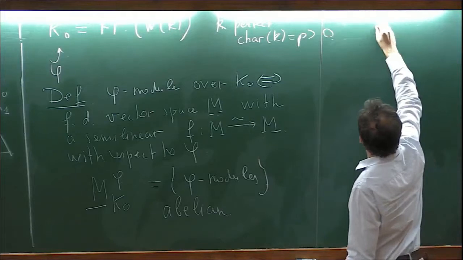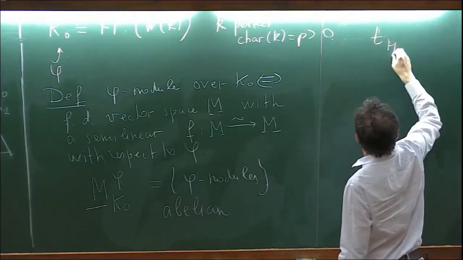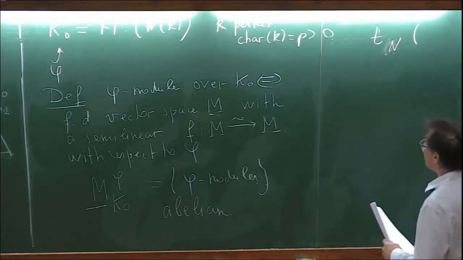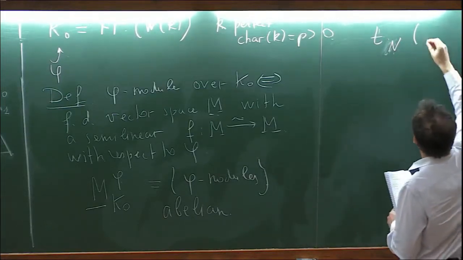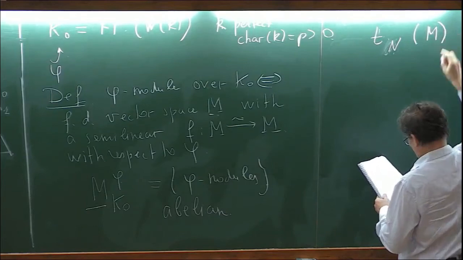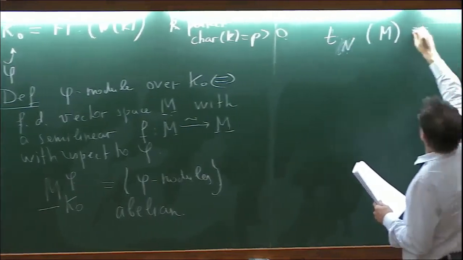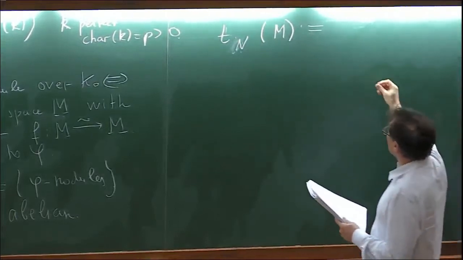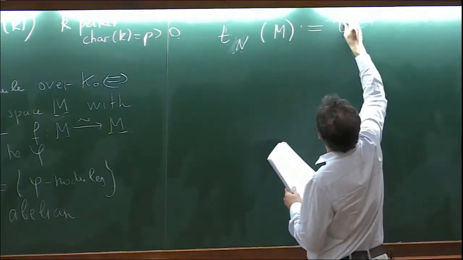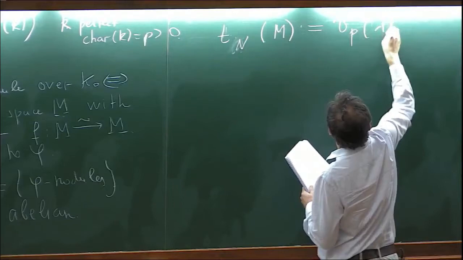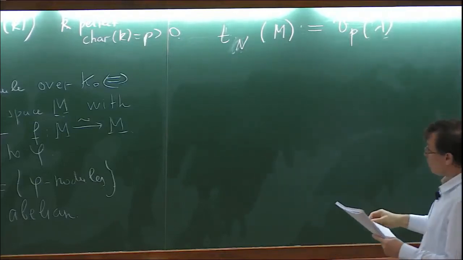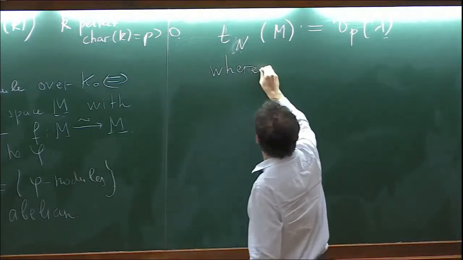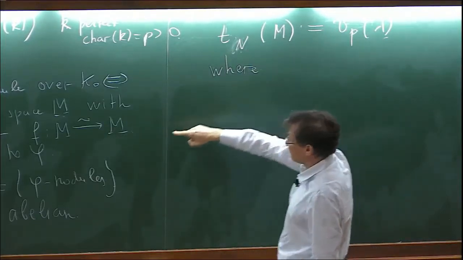And in this category, we define t_N, N for Newton, the following way. This is the p-adic valuation of λ, where λ is defined as follows.